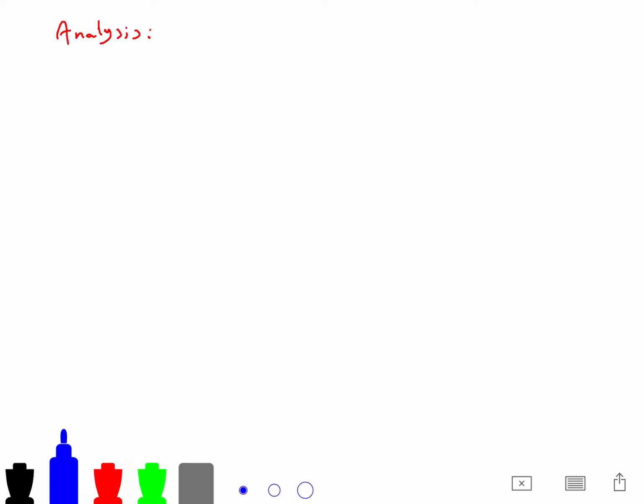Analysis. So the bound on the radius of the partition is obvious from the description. And so consider the edge, which is U and W. So our goal is just to bound the probability that E is included in none of the clusters.